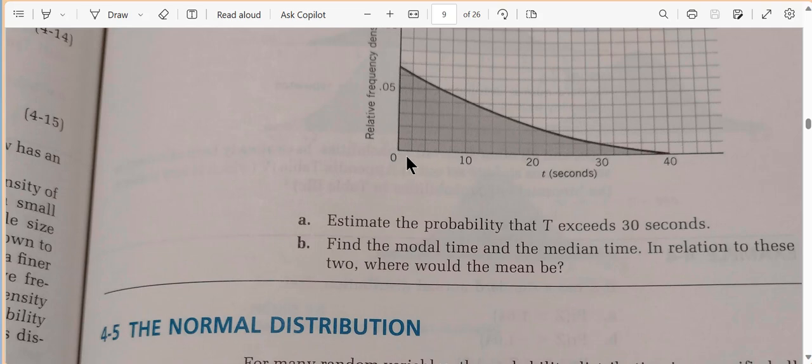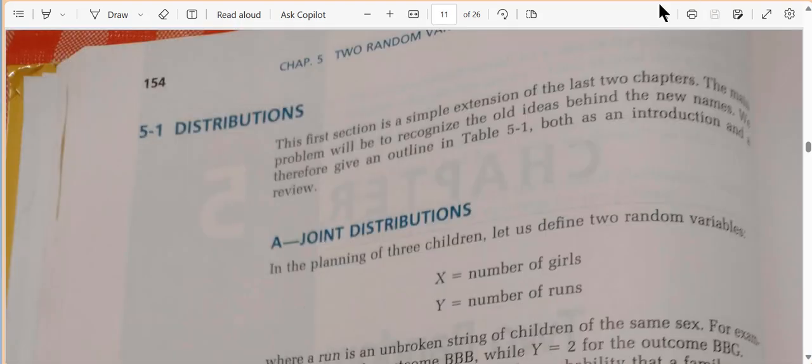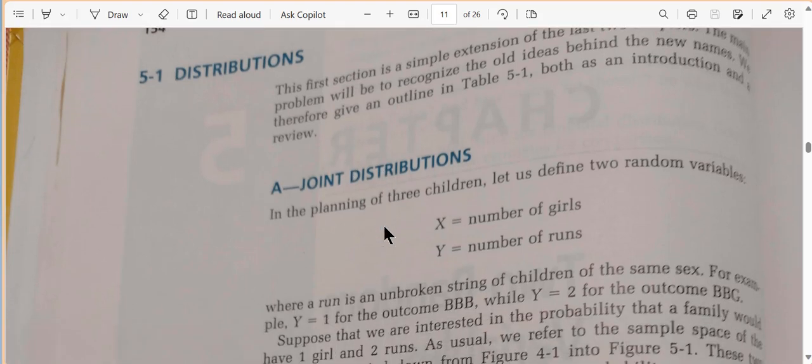Okay, I'm jumping to chapter 5 in this book, and we're going to talk about joint distributions. That's when we have two random variables. Here one random variable is the same as before, the number of girls, and the second they call the number of runs. What do they mean by the number of runs?